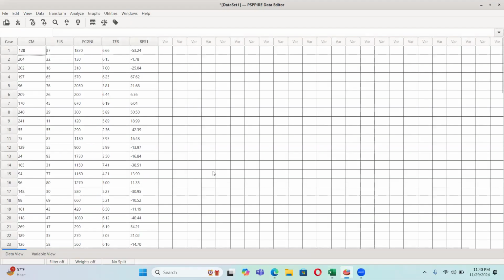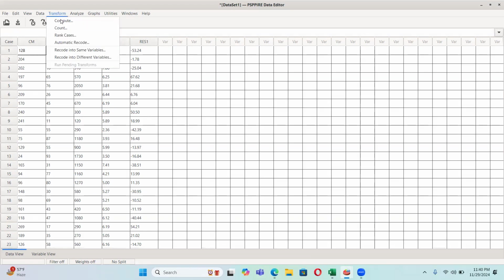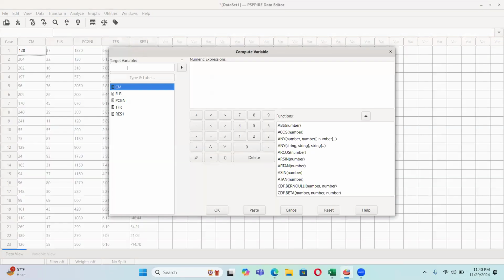Now suppose we want to transform the variables into log form, that is, we want to regress log CM on log FLR, log per capita national income, and log total fertility rate. So we'll transform the model. We'll go to Transform, Compute. Here we will have log CM.